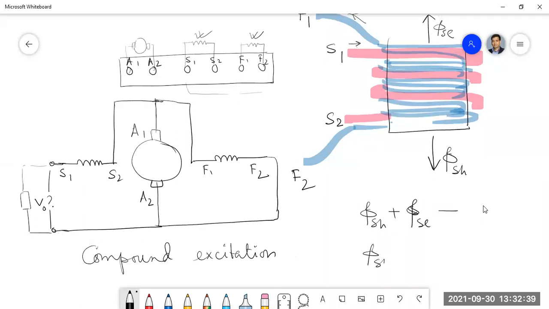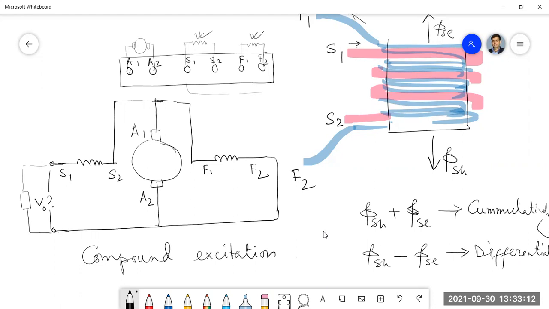So that means there are two possibilities. One, it will negate, another, it will aid. Okay, so if these two are additive, then it is called the cumulatively compound, and here it is differential compound. Okay, understood.